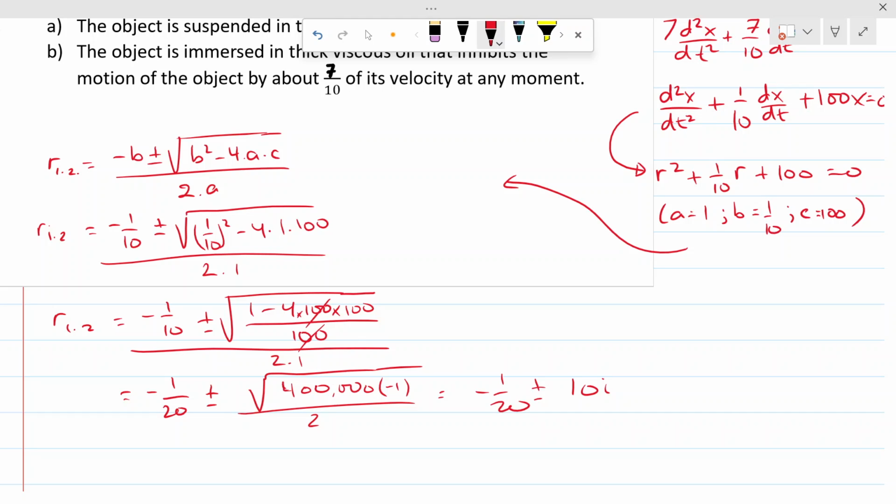So in this case our alpha is negative 1 over 20 and our beta is 10.